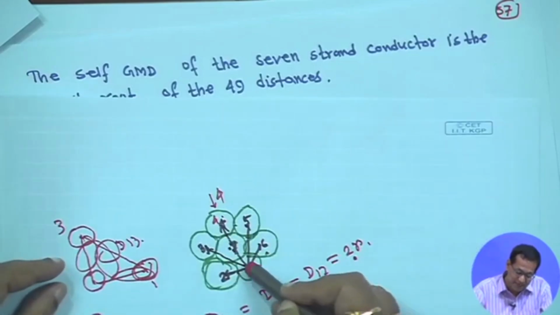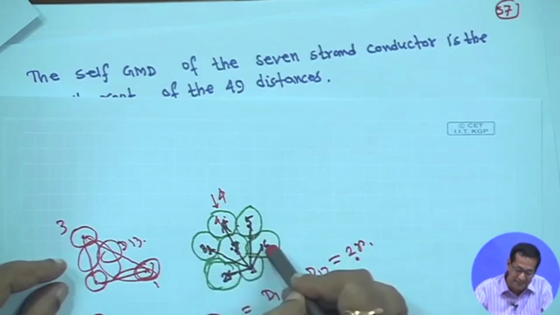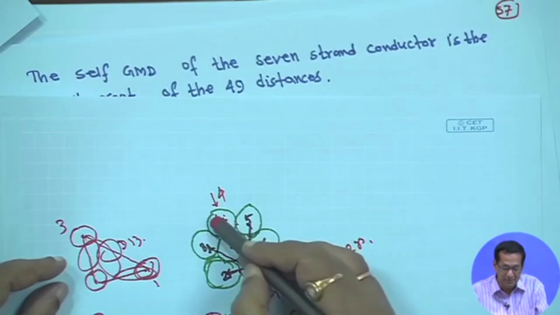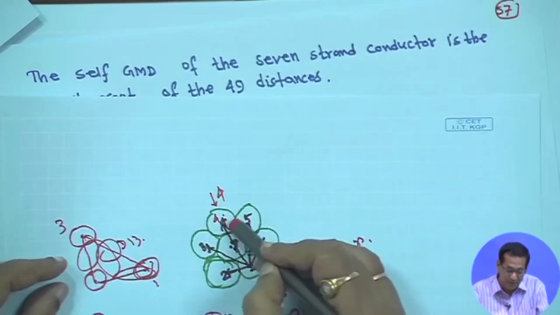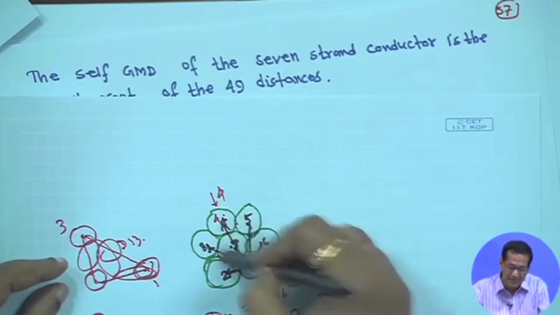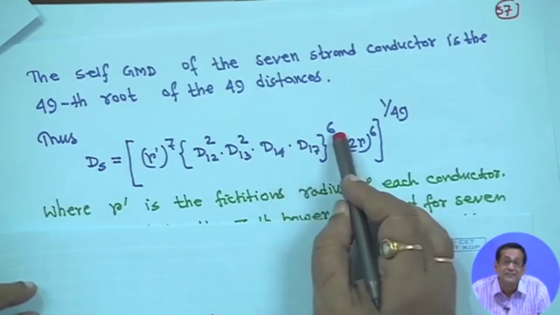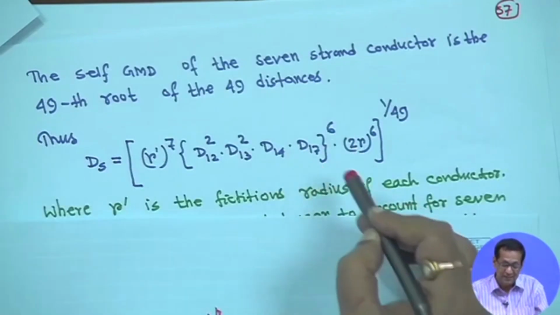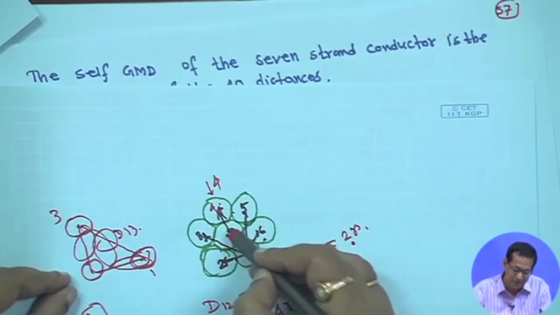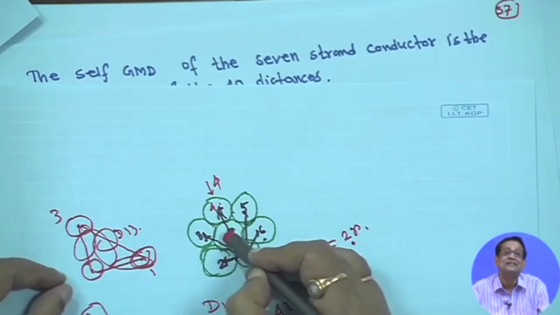Next, d14 means from here to here, similarly 2 to 5, similarly 3 to 6, this way it is coming only once. For d14 there is no other similar distance here, 1 to 4, 2 to 5, 3 to 6, right. Then 4 to 1, this way it is coming 6 times, that is why into d14 to the power 6. Then d17 means from this conductor to the central conductor, 1 to 7, the center of the central strand, right.